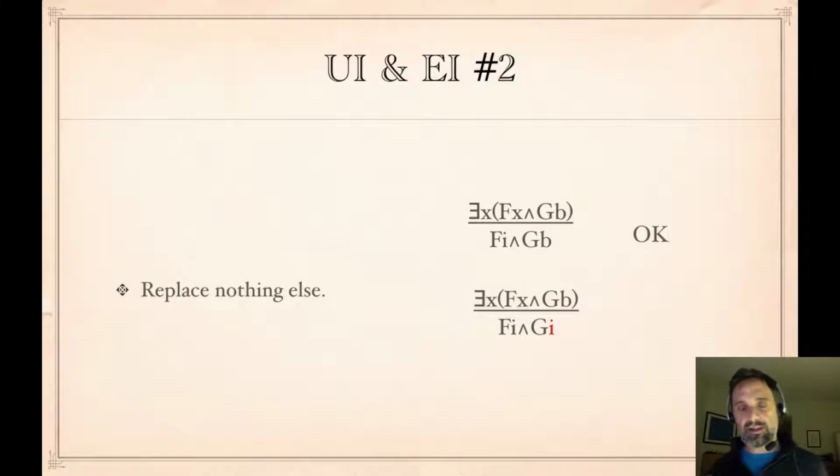But now, suppose we said some x, Fx and Gb, and then we replaced both the x with an i and the b with an i. This is not okay, because that premise says there's a thing that is like this: it's a frog and Bob is green. Now, is Bob a frog? Who knows? Maybe he is, maybe he's not. The premise doesn't say that he is, but the conclusion says that Igor is both a frog and green.